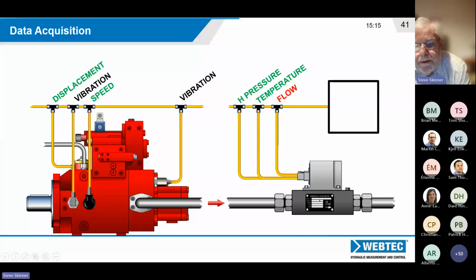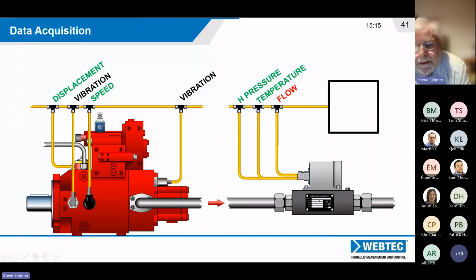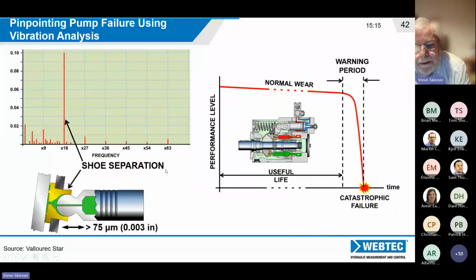Vibration is also a very good indicator of pump condition, not only if we're looking at the state of the pump bearings, but if we have an axial vibration sensor on the pump here, that's also going to tell us the state of the shoe and the piston connection here.